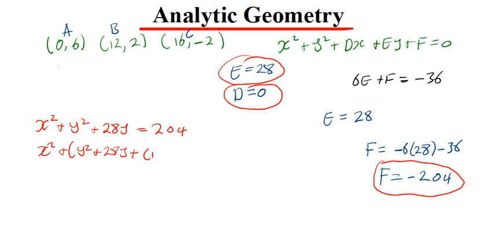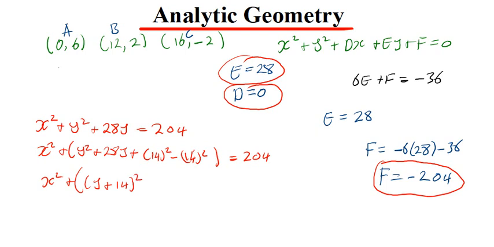So that would be 14 squared minus 14 squared, equals 204. So we have x squared plus y plus 14 squared.